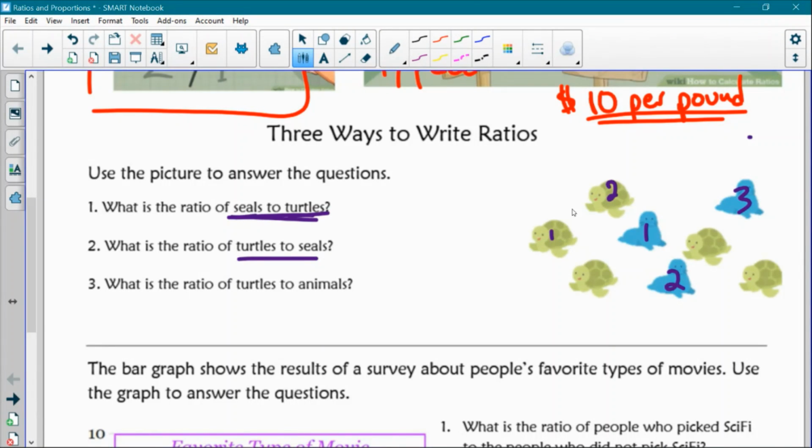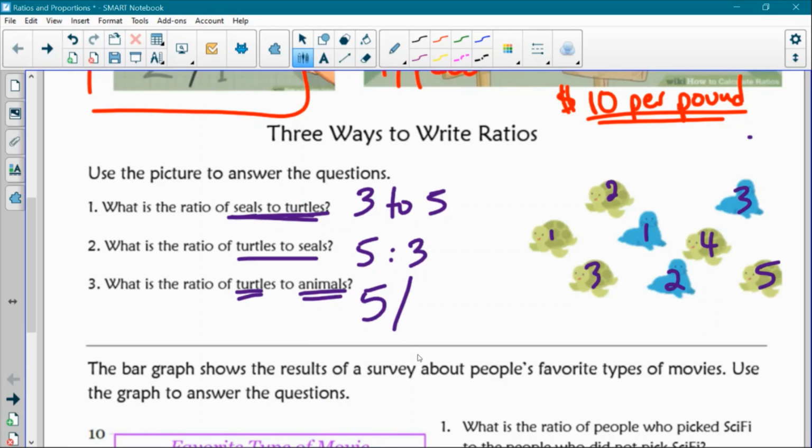There's 3 seals, 1, 2, 3, 4, 5 turtles. So the ratio of seals to turtles is 3 to 5. The ratio of turtles to seals is 5 to 3. And the ratio of turtles to all of our animals, we have 5 turtles out of a total of 8 animals.